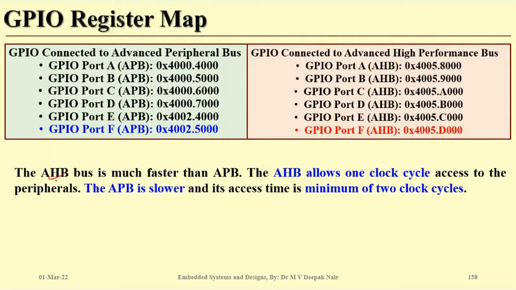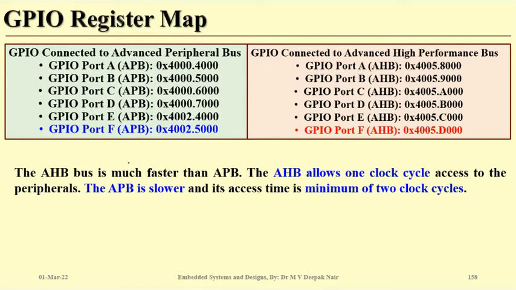AHB, of course, is a high performance bus and is much faster than APB, which is the conventional or legacy bus. This bus was available from the past; ARM was using it in the very beginning. It started with the APB bus, and later, with development, they introduced AHB.